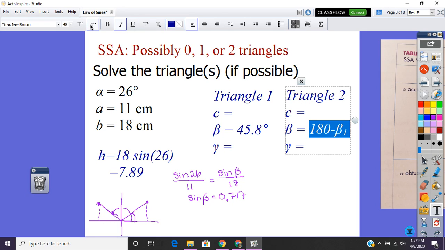So, like I said, it's 180 minus our beta from triangle 1. Well, our beta from triangle 1 is 45.8. So I'm going to do 180 minus our 45.8. And we're going to get this to be 134.2 degrees.